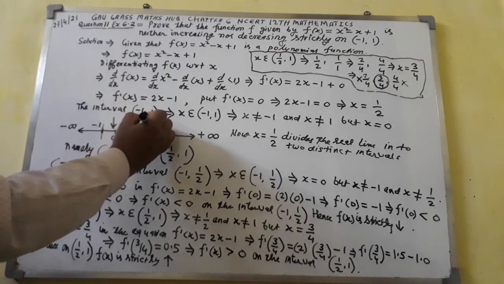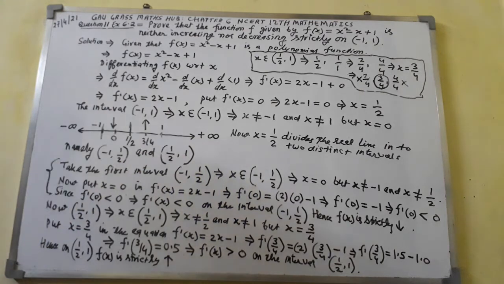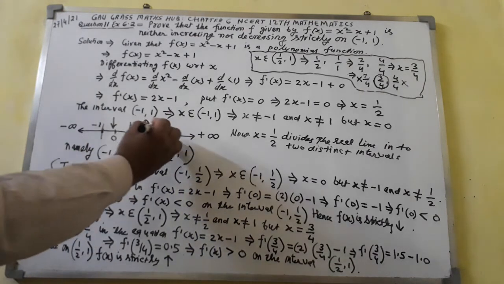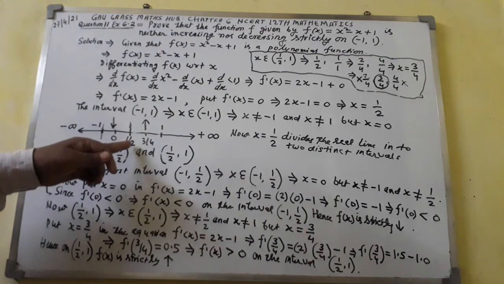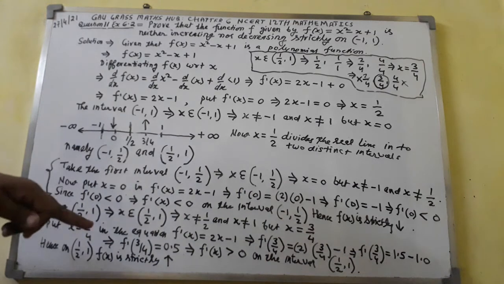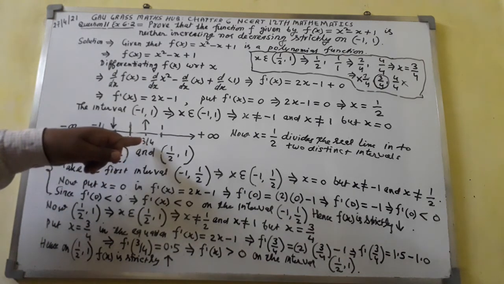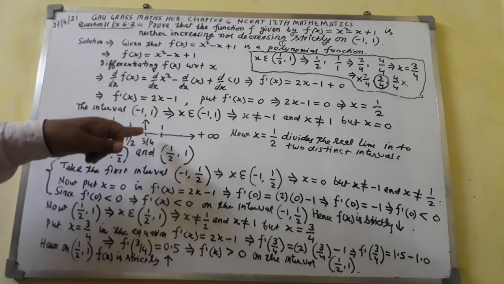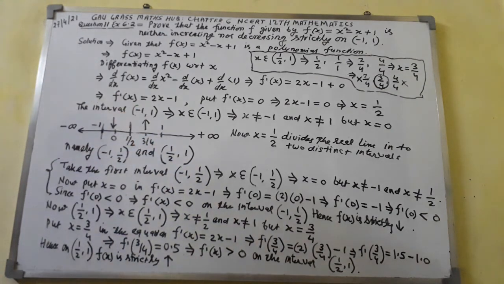In the interval, on the open interval 1/2 comma 1, f of x at point x equal to 3/4, f of x is strictly increasing.